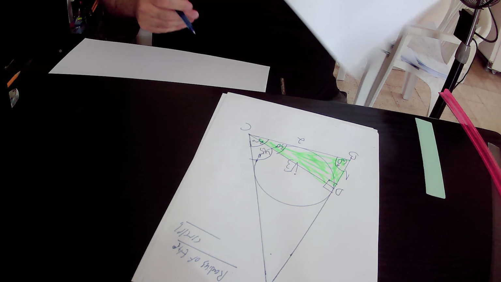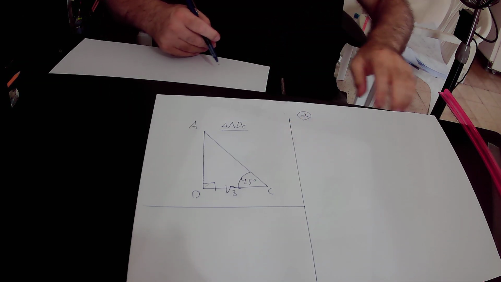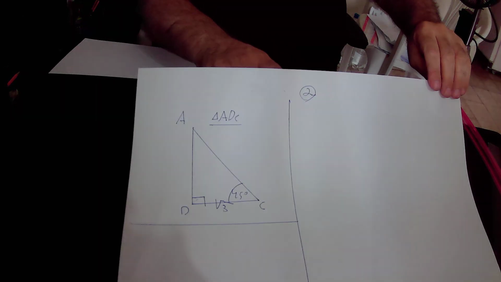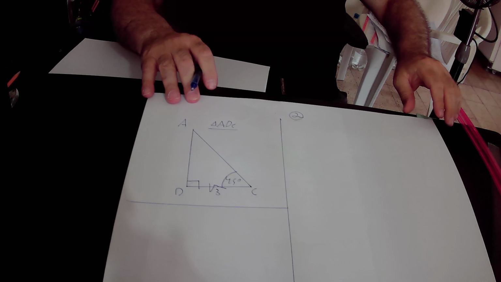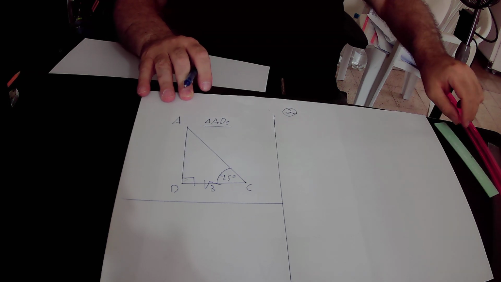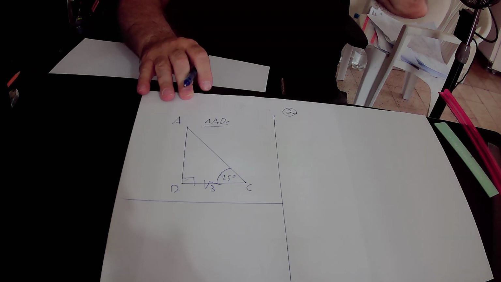So this is the right triangle ADC that I copied from the original drawing. In the right triangle ADC, the sum of the angles is equal to 180 degrees.